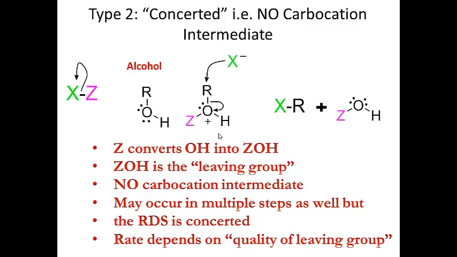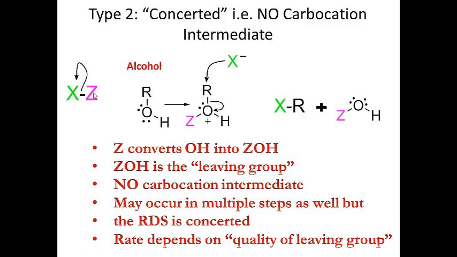That step does not involve the formation of a carbocation intermediate. So here I have a generic molecule ZX, where Z is what's going to make my alcohol a good leaving group, and X is going to be the actual halogen that comes in and replaces the alcohol.